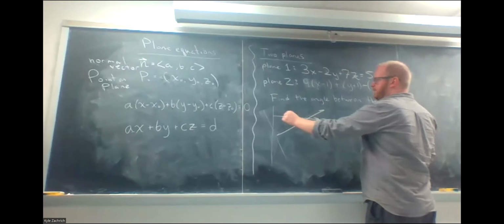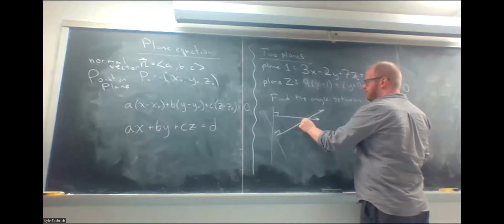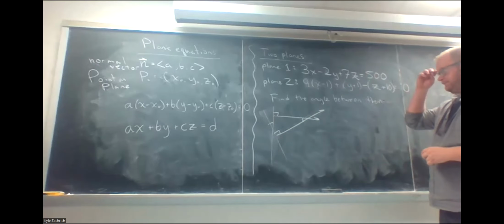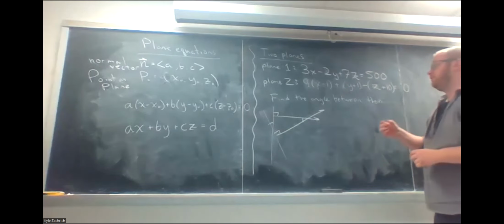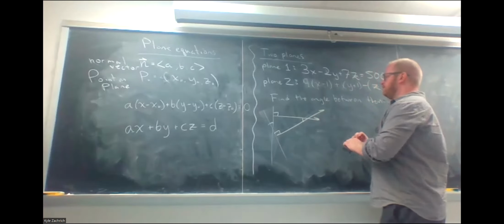If you draw the normal vectors of those two planes, this angle here is the same as this angle between the planes. So we're going to find two normal vectors, and then figure out the angle between them.